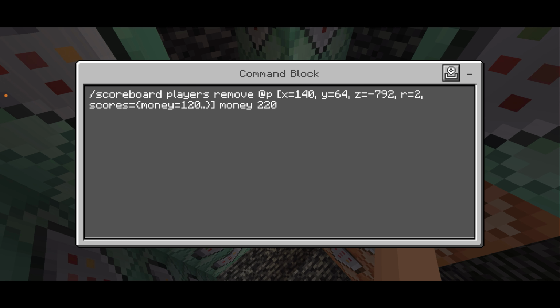It almost shows that I don't even need that selector at that point, right? Because the first one said that they had, I mean, to be honest, I'm overdoing it with putting that scores equals money selector in there again. I don't know. I'm being overly cautious. But so 120 should just be 220.